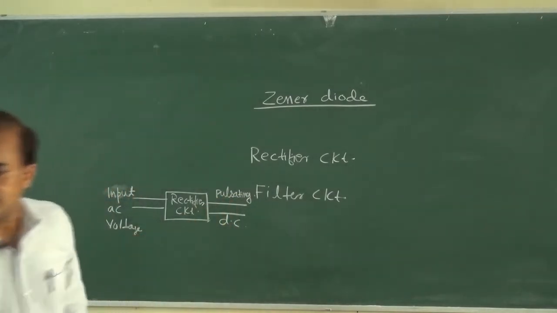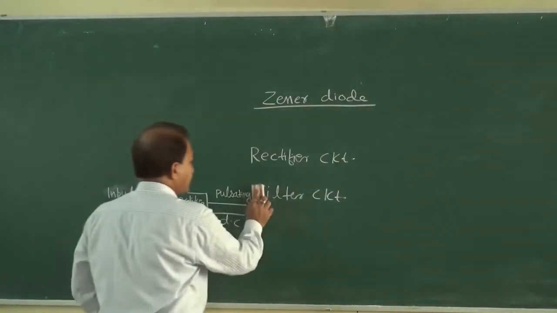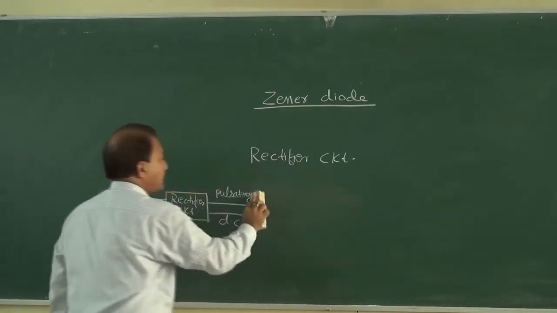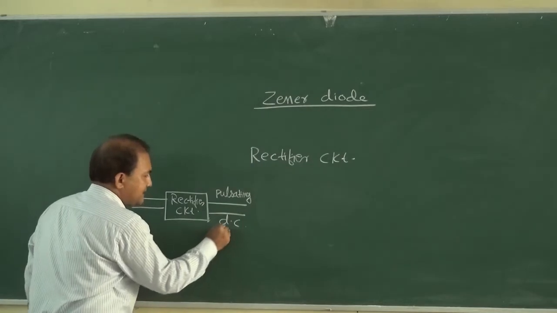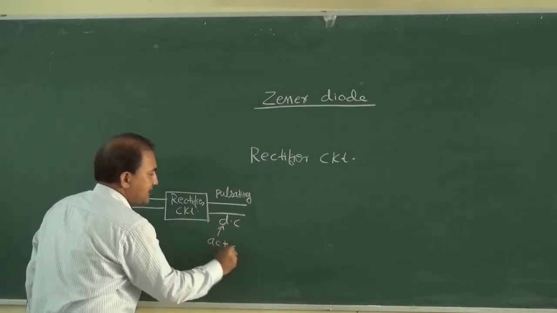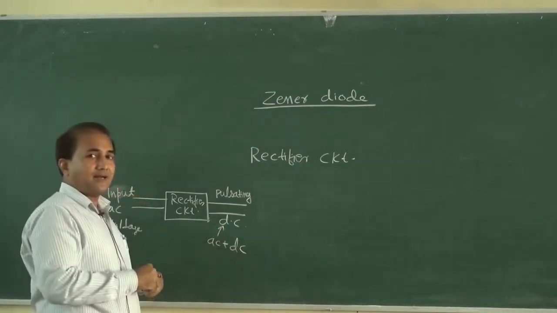Now the ripples can be removed. In pulsating DC, both AC as well as DC components are present.